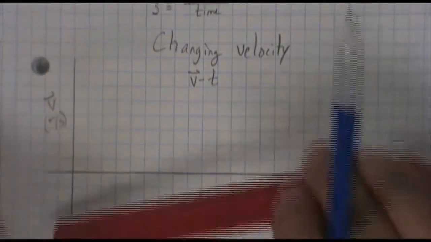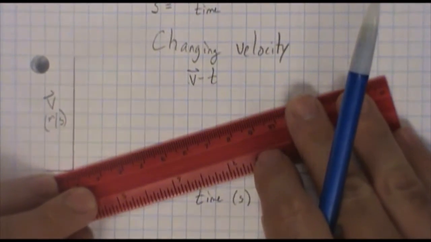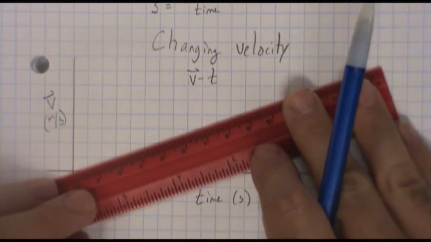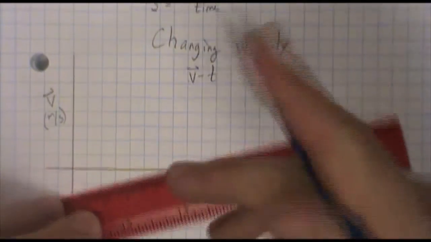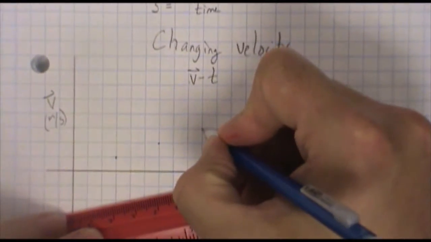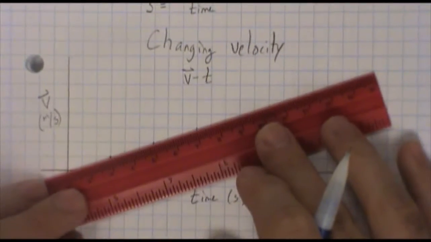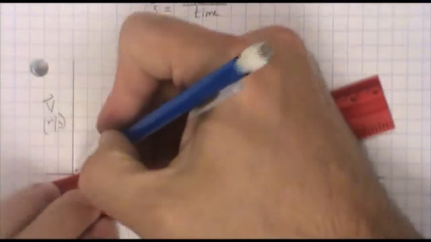I'm again going to take a very simple example, the simplest possible example. I'm going to put my points in so I can see them better. I'm cheating, putting my points in first and then drawing the line. There we go.